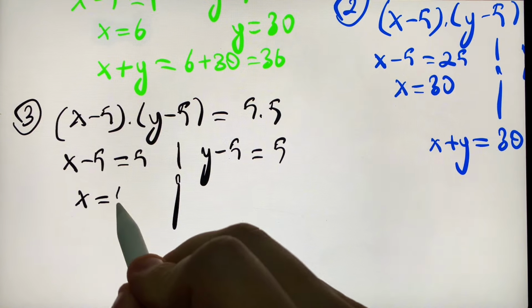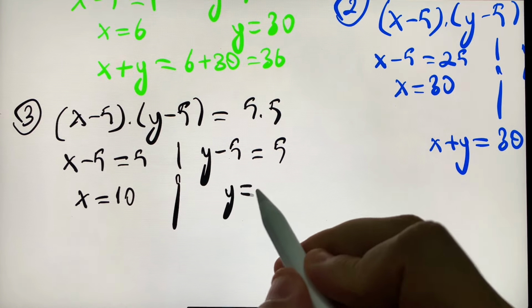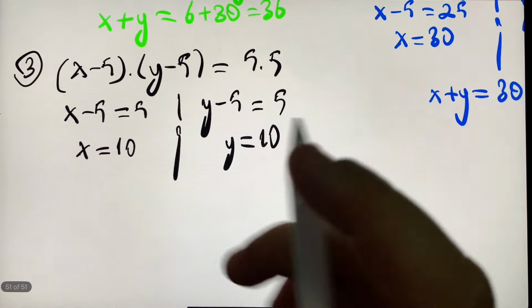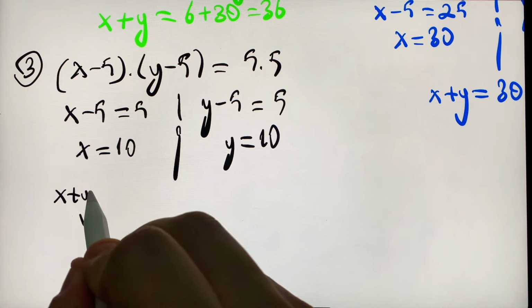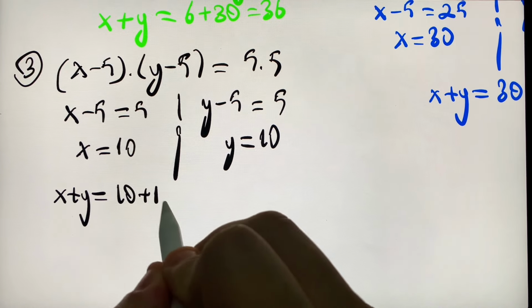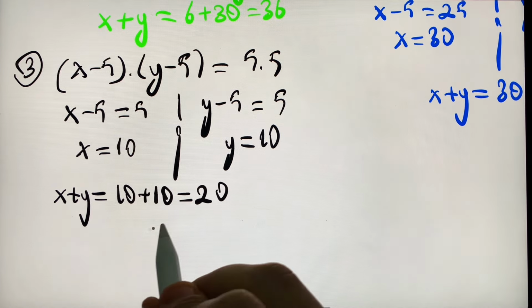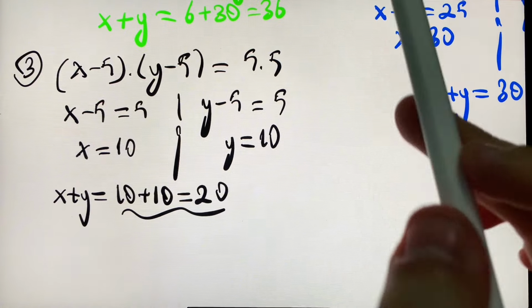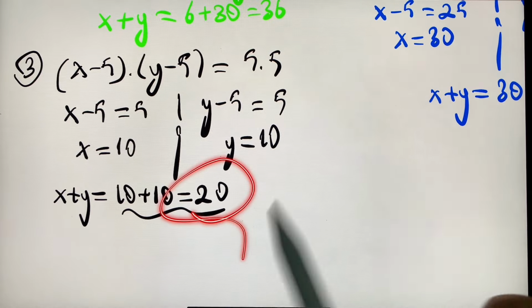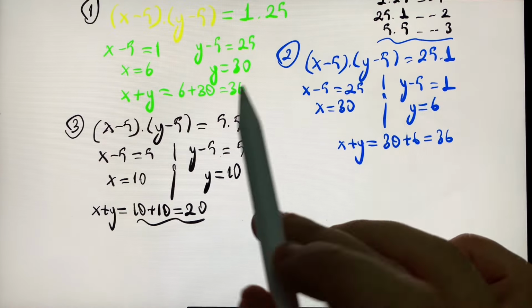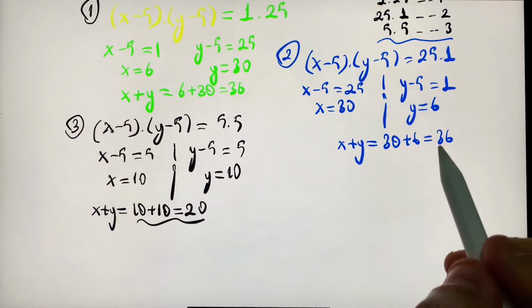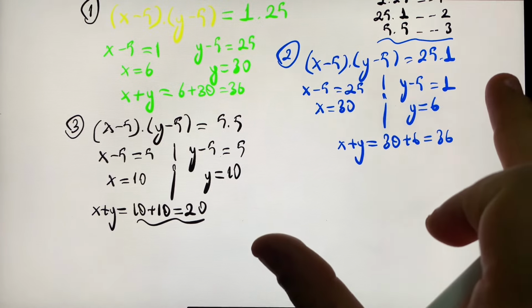X, how much will come from here? 10. Y, how many will come from here? 10. In this case, we call x plus y total 10 plus 10. What happened? 20. If you pay attention now, look, we found a value of 20. We found a 36 value. We found another 36 value.